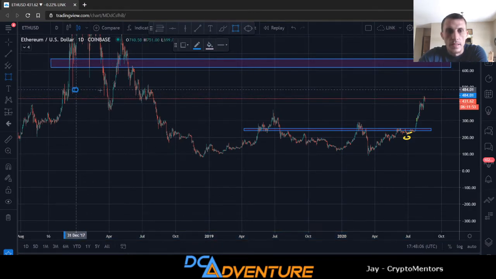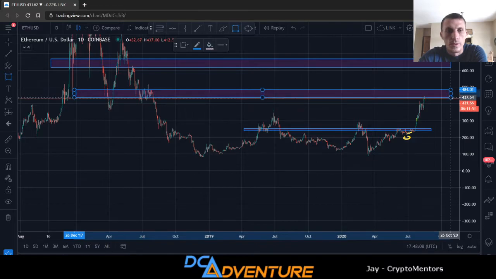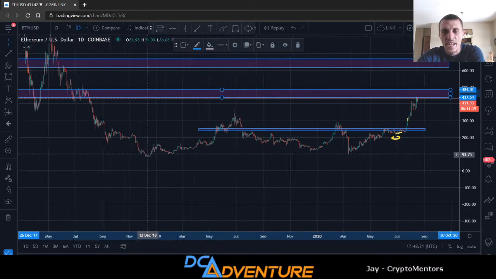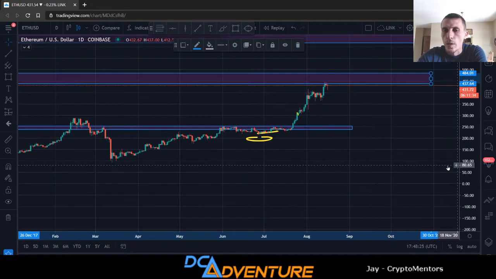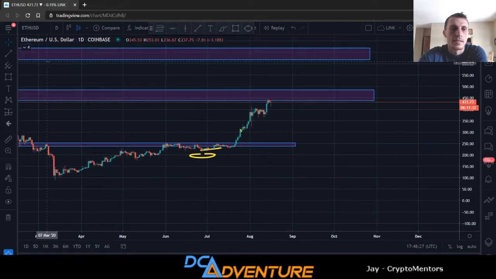It starts right in there. So from 437 up to 485 is going to be a tough area for Ethereum to break through. Keep an eye on this. We did print a nice bull flag, and guys, this is where we do our best trading, is right here on patterns like this.